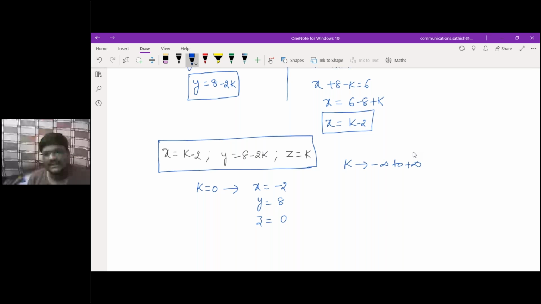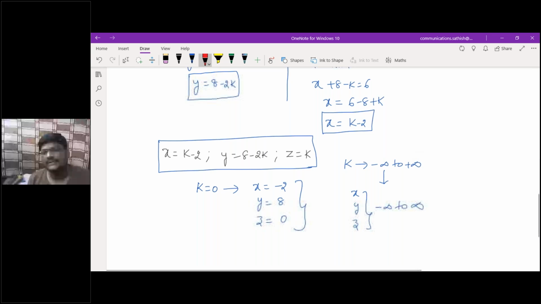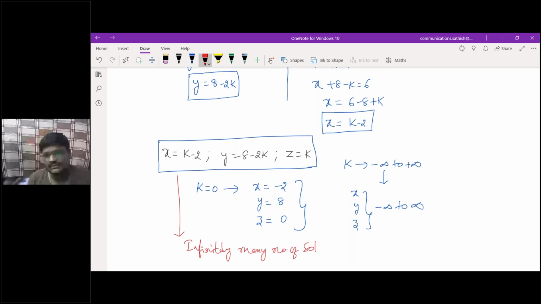So that is the reason why this has infinitely many solutions. Got my point?